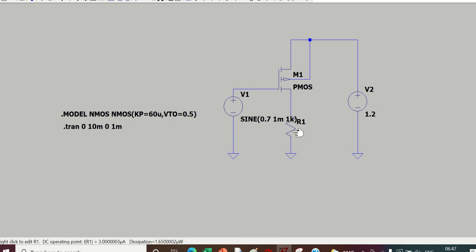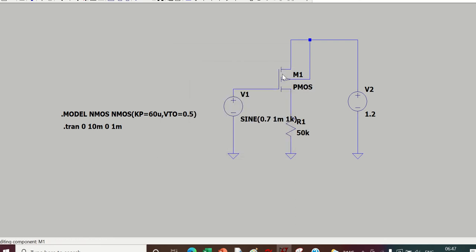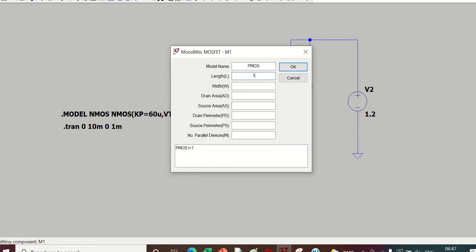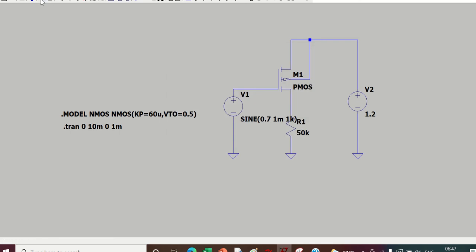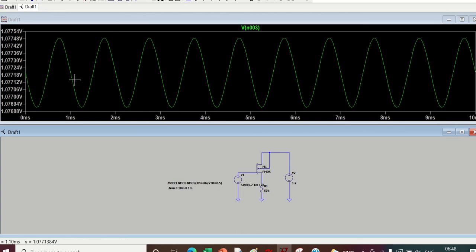Next, R. I will take some value of 50k initially to start with. W by L ratio 1 micro and 20 micro initially to start with. Now it is not giving us enough gain.